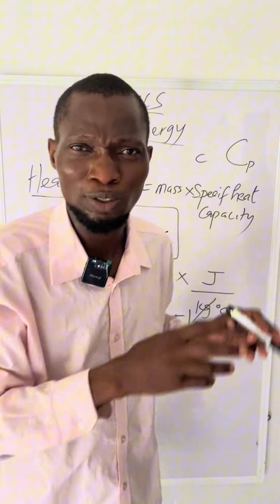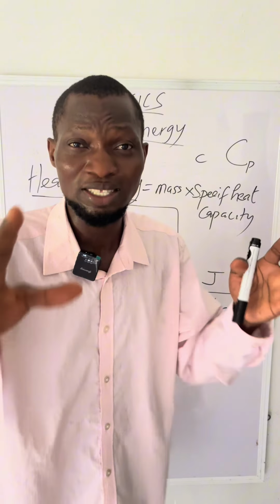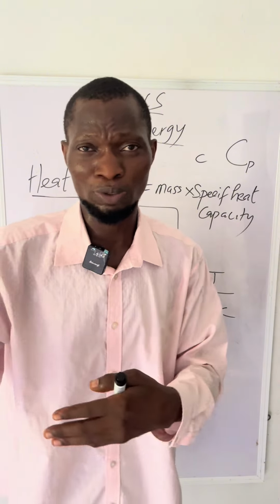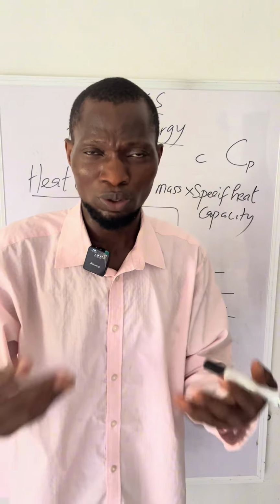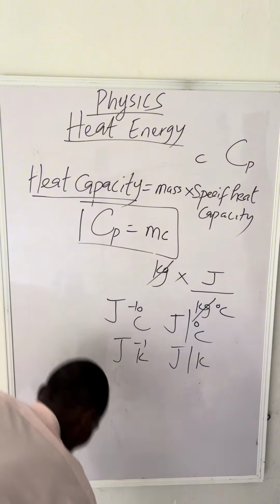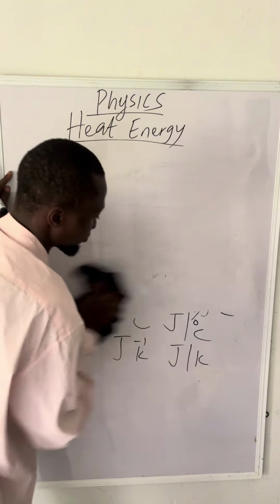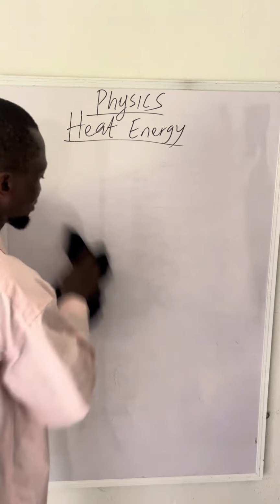So let us put that on the board so that we are going to understand it further and master the formula, so that by the time we are solving questions, you're going to be able to apply it.